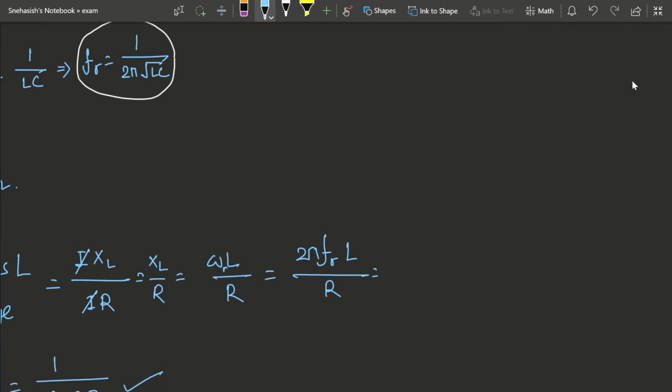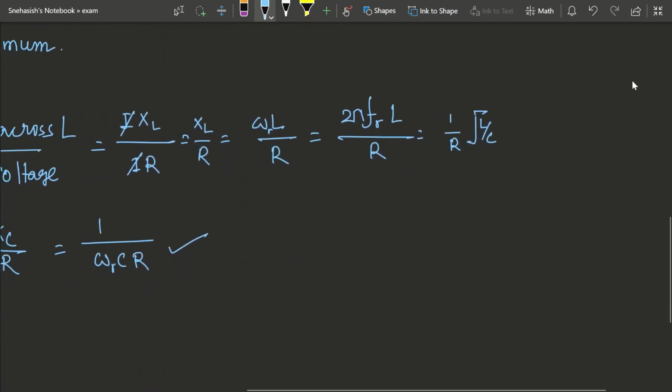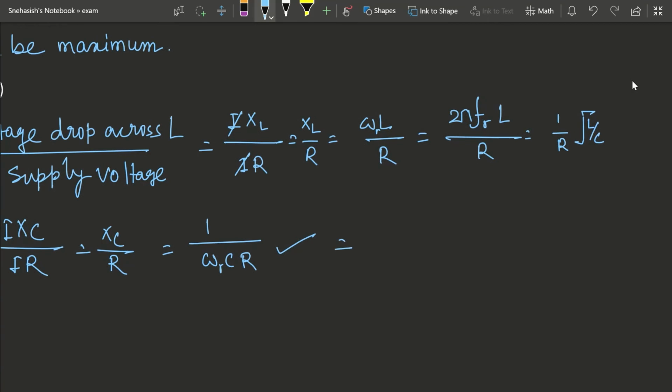So we will get 1 upon R square root of L upon C, and from here we will get, let's say, 2 pi FR L upon R, and from here we will see square root of L upon C upon R.